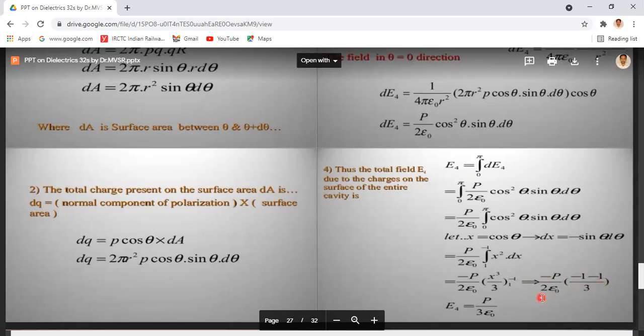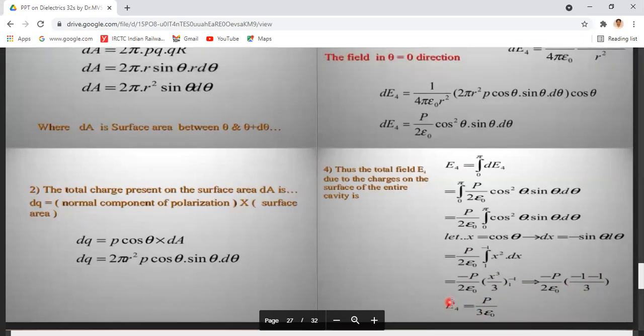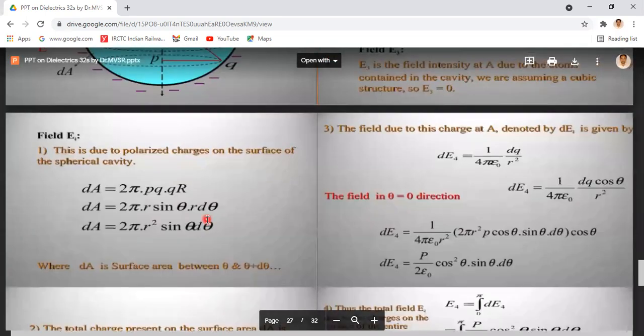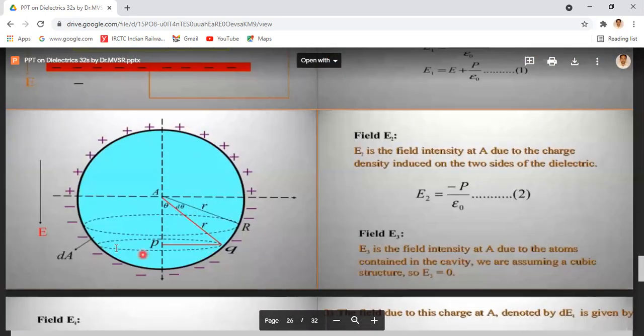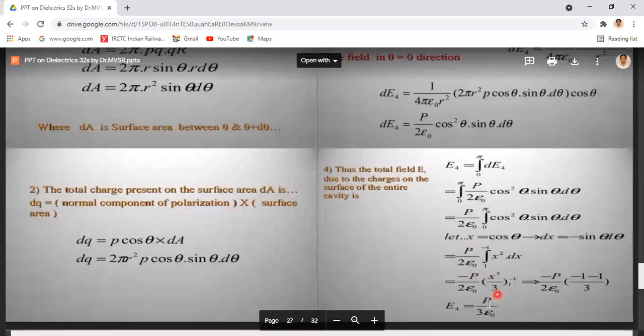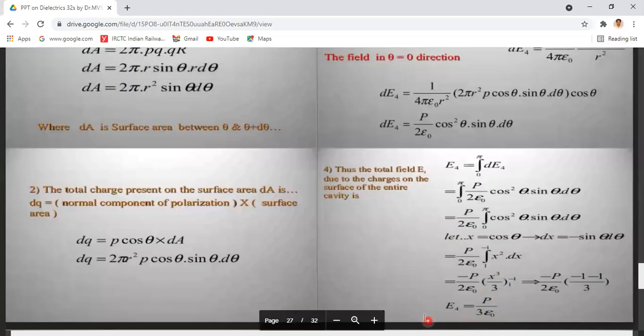So here 2 to cancel, finally you will get the intensity of electric field E4, that is due to the charges on the spherical cavity which is acting on the atom at A. So that is given by p by 3 epsilon naught. So this is the intensity of electric field due to the charges on the spherical cavity.